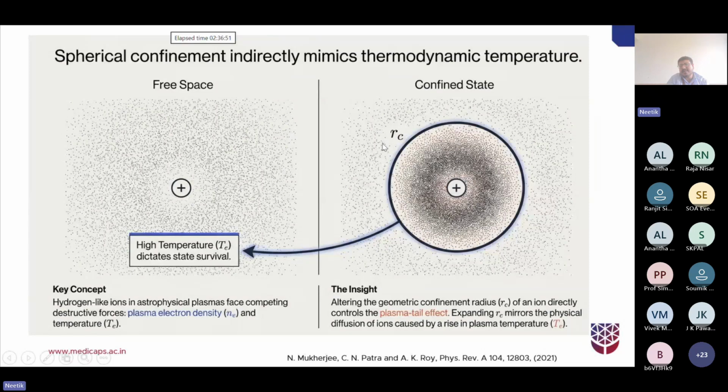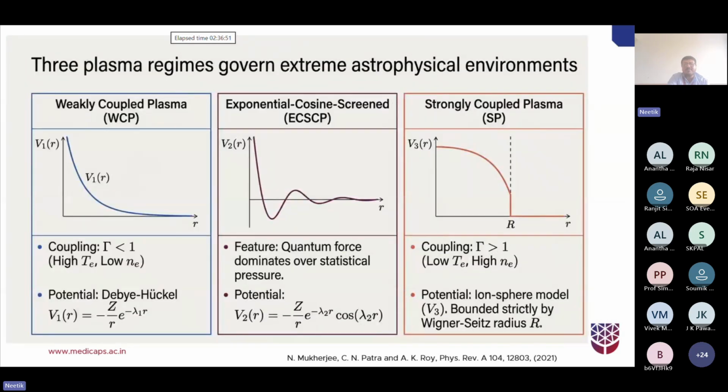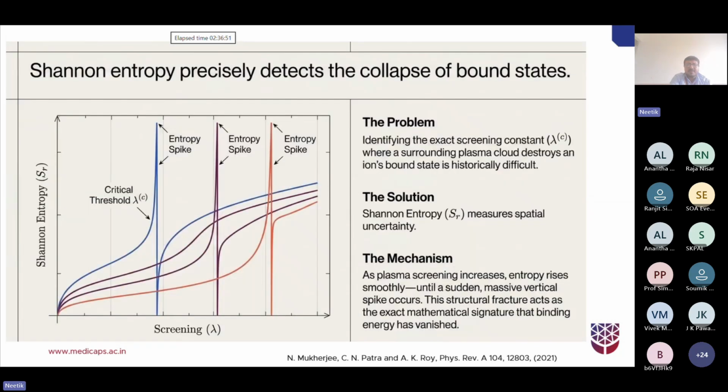If we gradually increase the radius RC, that is just nothing but increasing temperature, and the more we increase RC, the more the tail effect will predominate. Based on that, we have modeled these three plasmas under confined conditions and studied their properties.